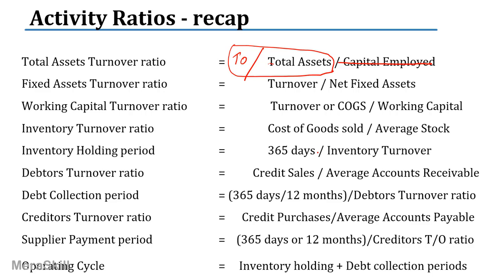Inventory holding period is 365 days by the inventory turnover ratio. Similarly, debtors turnover ratio, you take the credit sales by the average accounts receivable, and for the collection period, divide 365 days or 12 months by the debtors turnover ratio.